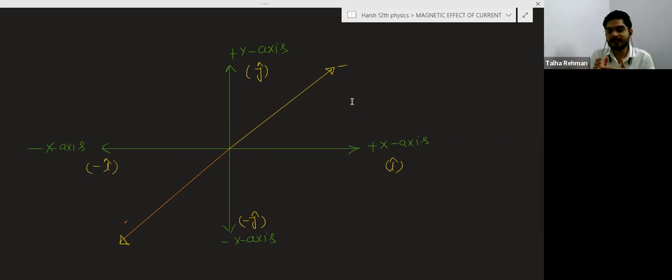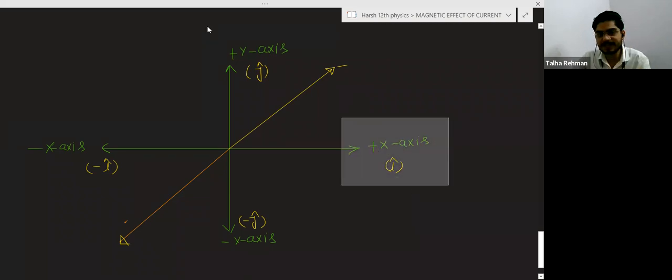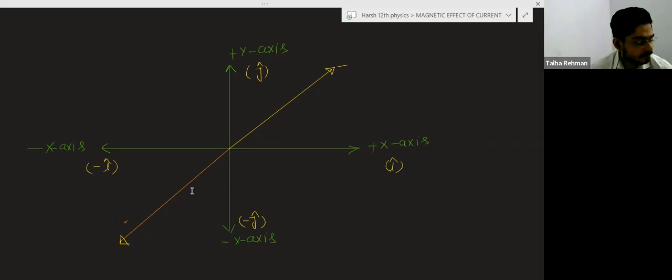Why do I consider that as the xy plane? Because on the screen of your laptop there are only two axes, x-axis and y-axis. The z-axis is not on your screen.